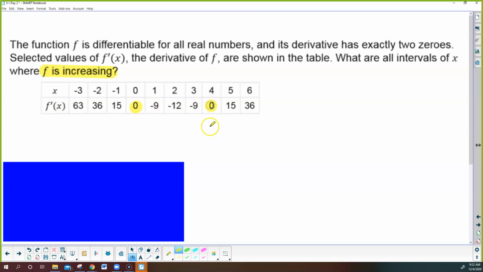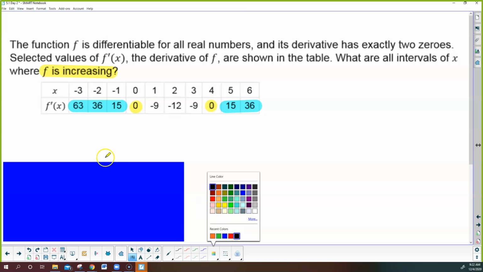So I know I have 2 critical points right here. And then where is f increasing? F is increasing anytime I have positive slopes. If I wanted to, I could draw a sign chart here.